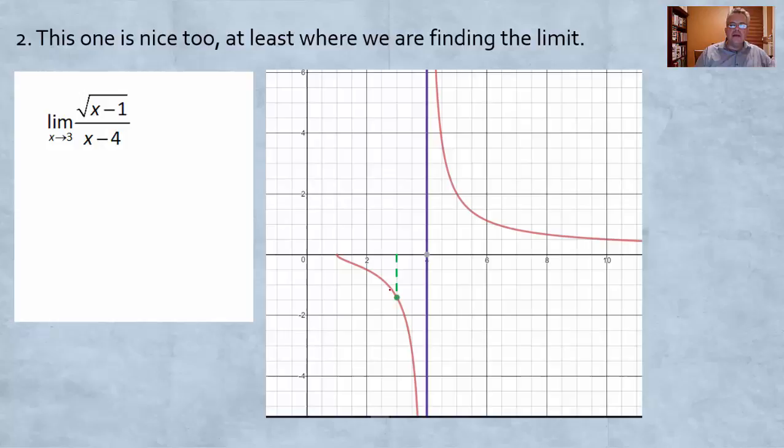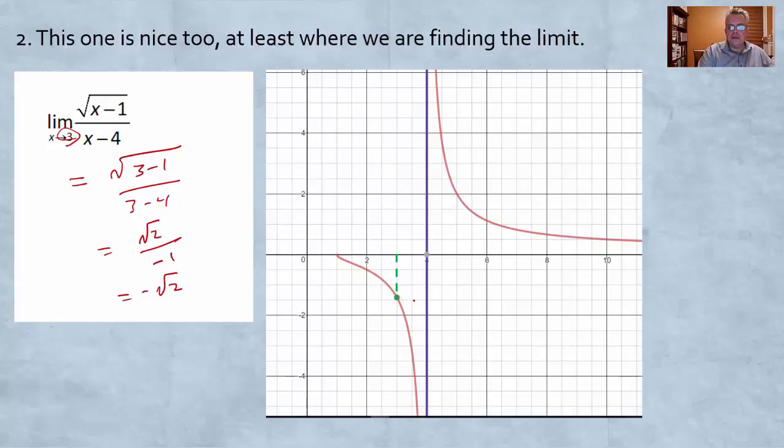And again, the limit as we approach from the left and as we approach from the right equals the value of the function. So even when we have something like this, we can simply substitute the number into the function. So it'd be the square root of 3 minus 1 over 3 minus 4, which is square root of 2 over negative 1, which is minus square root of 2, which is about minus 1.41.